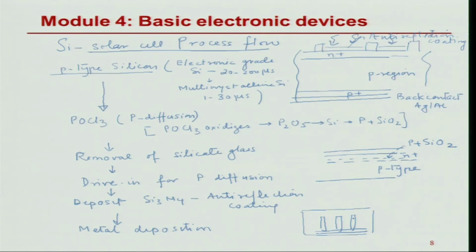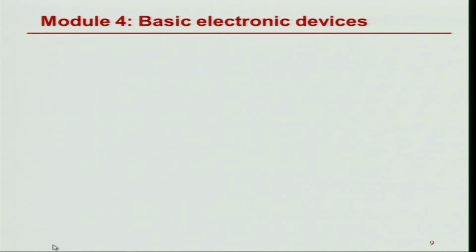Then after this point, I still need to make the back contact. So I go back to a process where I make the back contact. I have done n plus emitter on p, I have made metal contacts to n plus, either by photolithography, and I have deposited an anti-reflection coating.